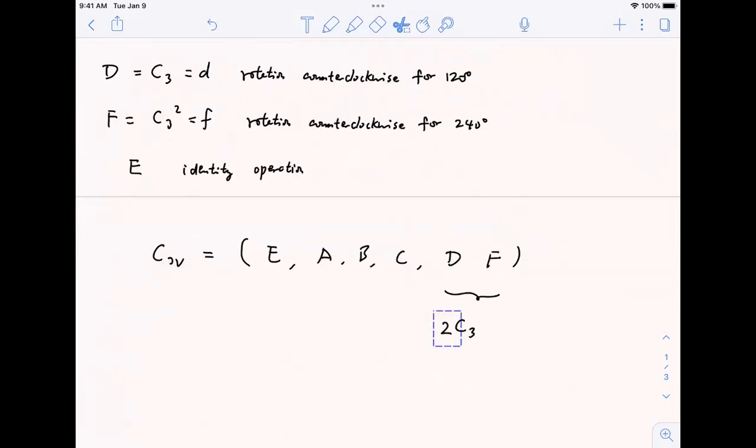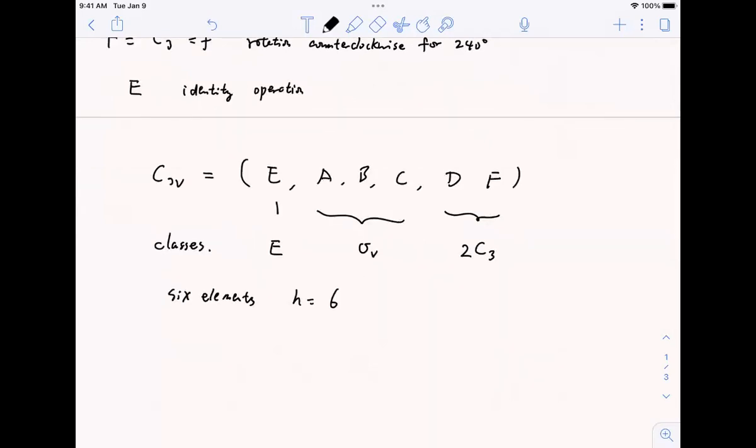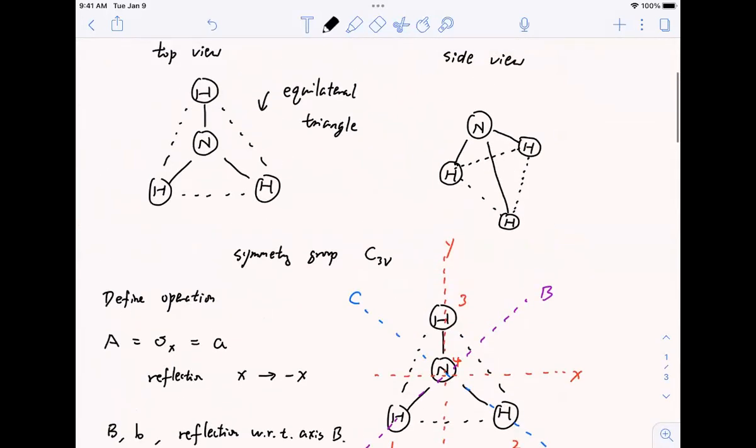This is a class. These are classes. So there are 6 elements and 3 classes. These are the basic properties of this C3V group.